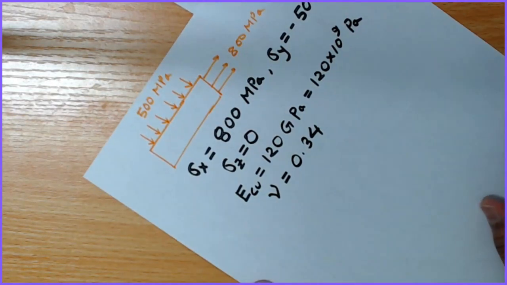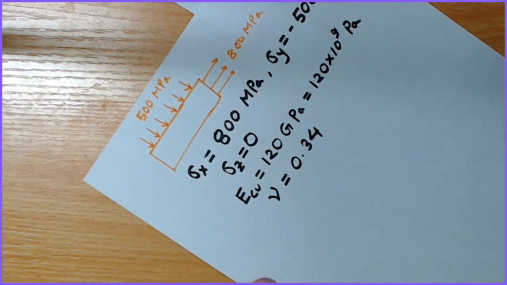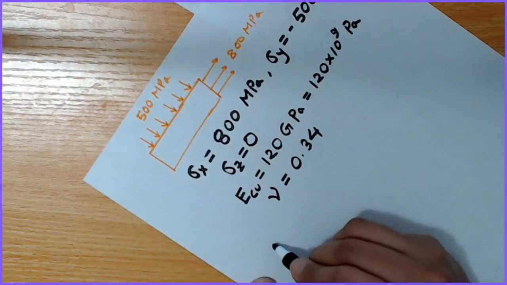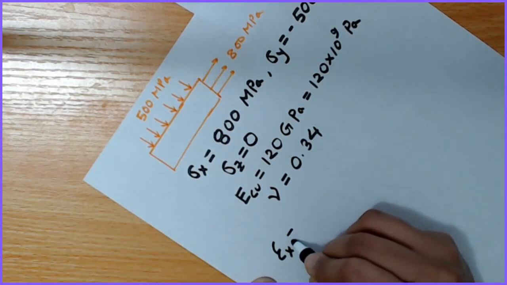So the first step to find the elongation or contraction, the change of length in the length direction, width direction, and the thickness direction, we need to find the strain in all directions. So let's first start with epsilon x, strain in x direction.